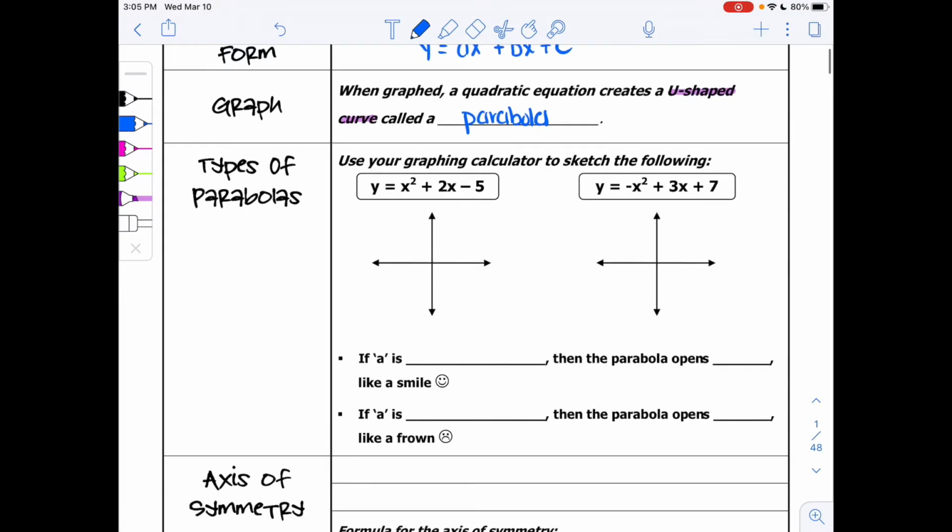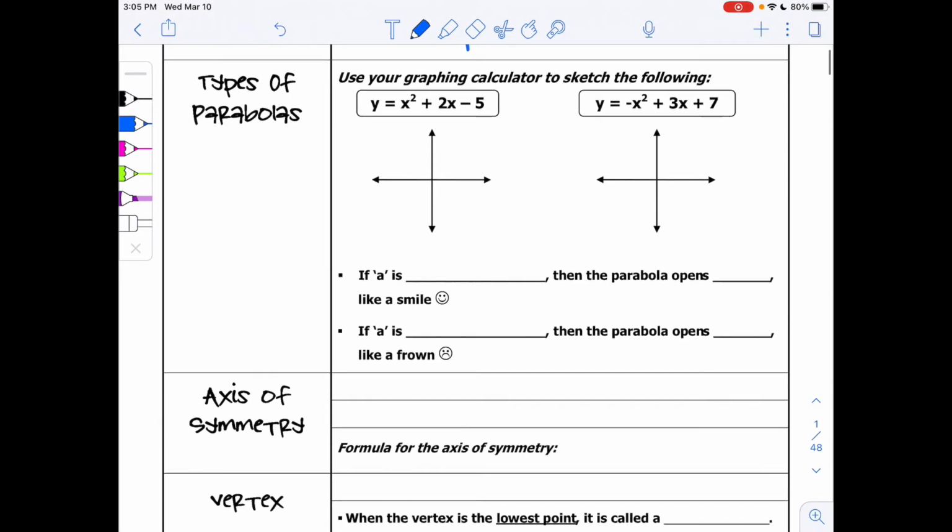On your calculator, go ahead and type in y equals x squared plus 2x minus 5. What you'll see is a graph that looks similar to the one below. This is a parabola. It's a parabola that is opening upwards.